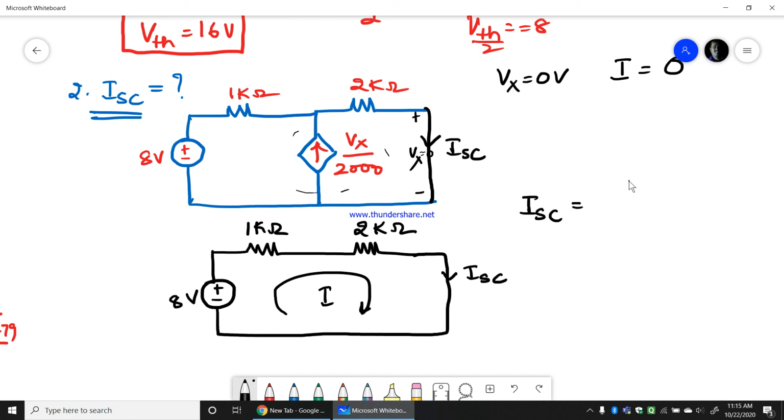ISC is equal to total voltage 8 divided by 1 kilo plus 2 kilo ohms, which is equal to 8 divided by 3 kilo ohms. So 8 divided by 3000 is what we need to see now.